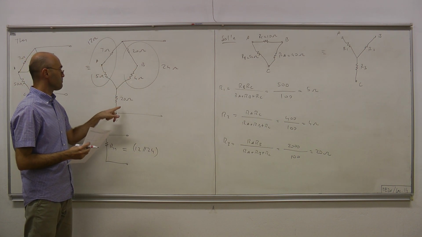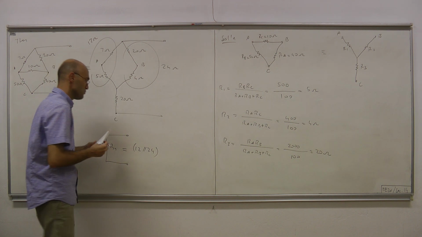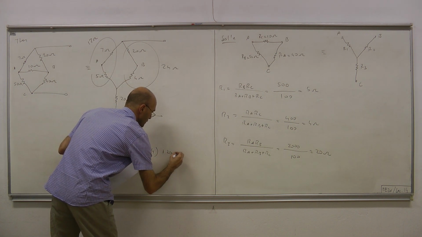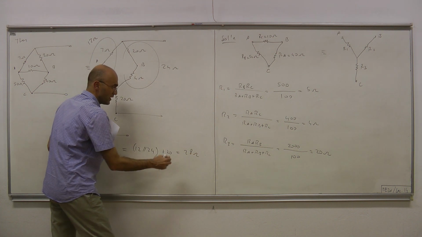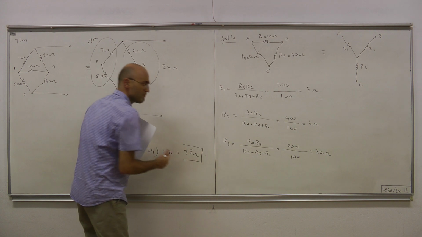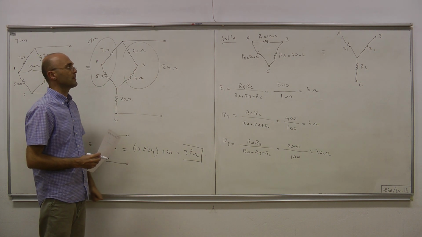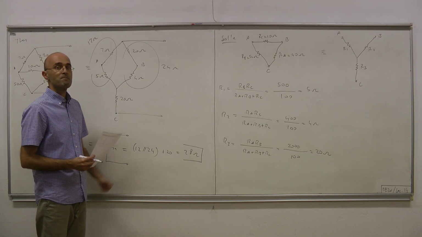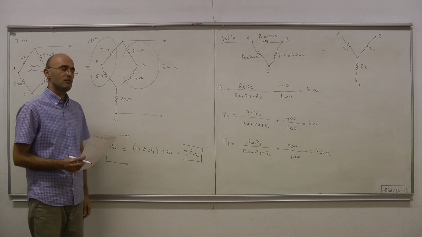And that 8 ohms is in series connection with 20 ohms. So the overall result is 8 plus 20, 28 ohms. So that's a neat example where you can apply delta-Y transformation to reach the answer in a straightforward manner.